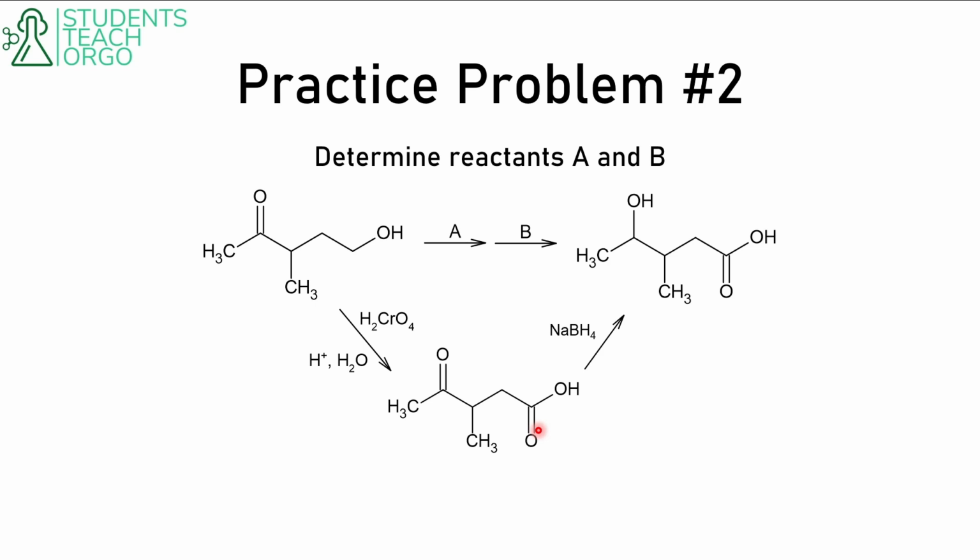Again, sodium borohydride doesn't touch things on oxidation level 3. So what we do here first is Jones reagent to oxidize our primary alcohol to a carboxylic acid, and then we use sodium borohydride to reduce our ketone to a secondary alcohol.